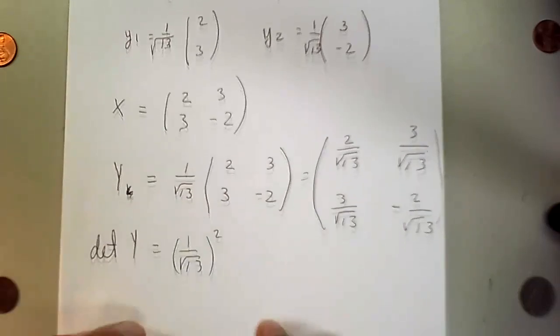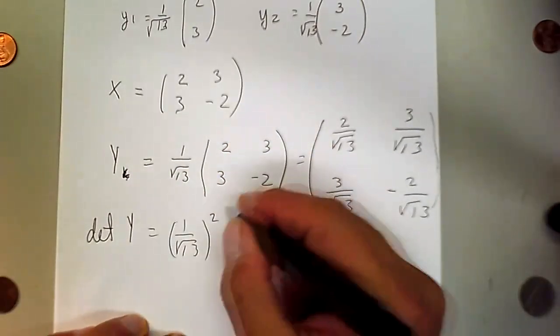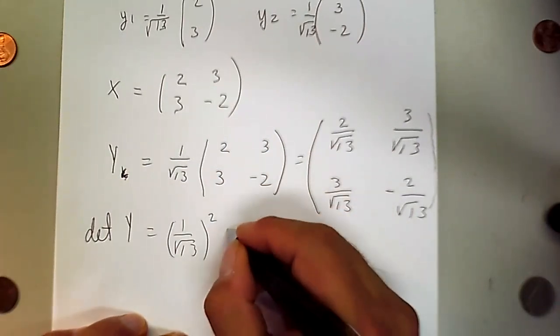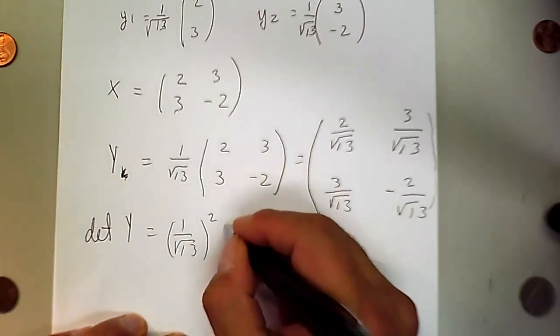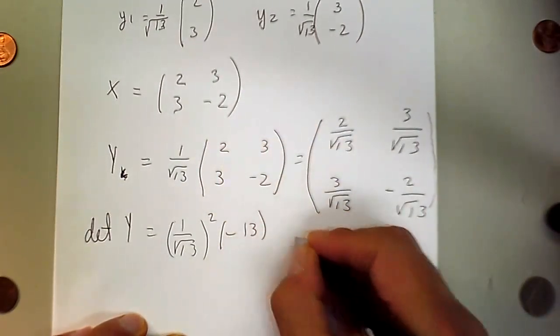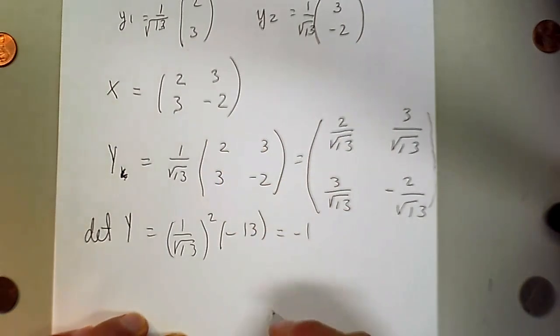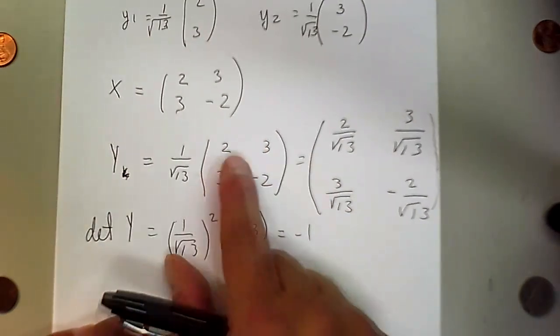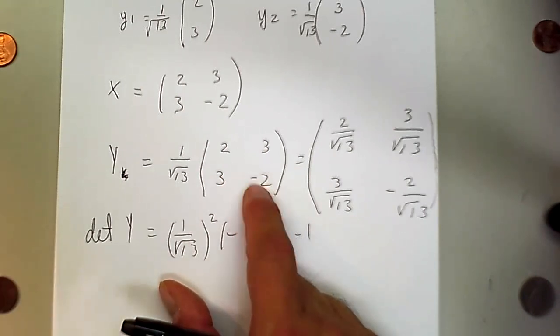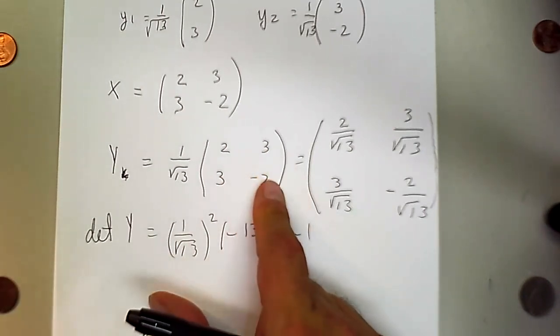That's just the way it works. That's one of the properties we saw earlier. So that's times 13, times negative 13, so we end up with negative 1. We're good. We wanted a matrix whose determinant was 1 or negative 1.